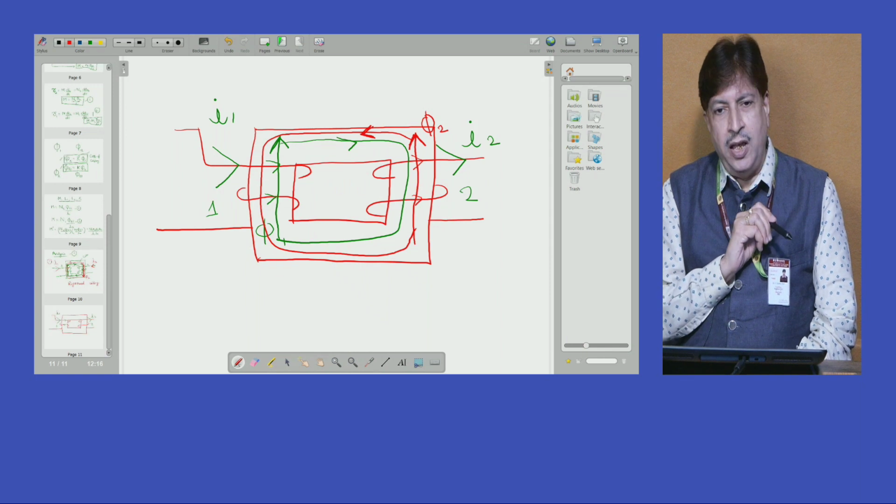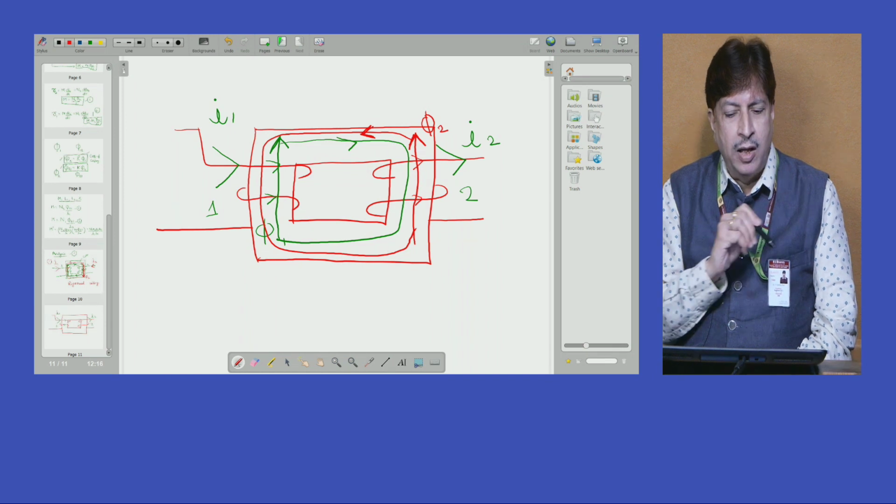Hence, in this case, the flux in coil number 2 is opposing the flux developed in coil number 1.